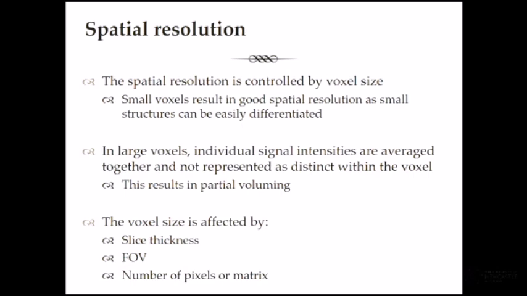So when we're looking for really fine structures, we need to have a fine matrix. We need to have a small field of view, a small matrix, small pixel sizes, and ideally small slice thickness. The voxel size is affected by the slice thickness, the scan field of view, and the number of pixels, or the matrix size.